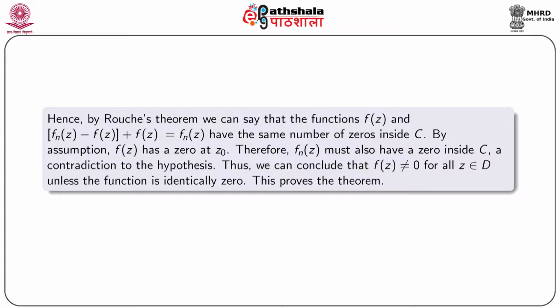Therefore, f_n(z) must also have a 0 inside C, which is a contradiction to the hypothesis. Thus, we conclude that f(z) not equal to 0 for all z belongs to D unless the function is identically 0. This proves the theorem.